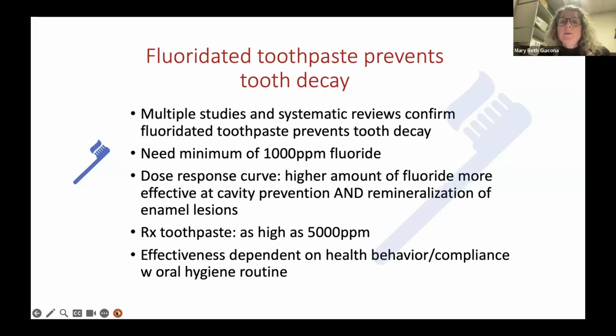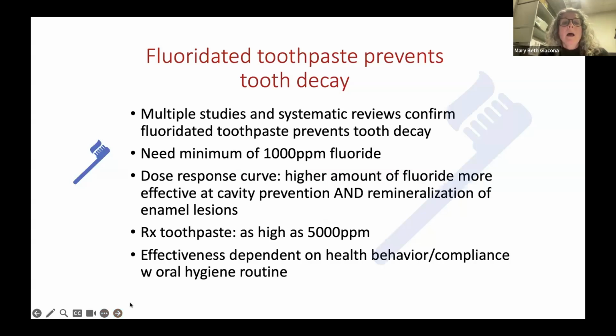If you use fluoride as a therapeutic, which requires a pretty good amount of fluoride, you can actually incorporate the fluoride into those punched out small lesions in enamel and remineralize. So you can halt the start of cavities so they don't progress into larger and larger cavities, or in some cases remineralize and reverse the decay process.